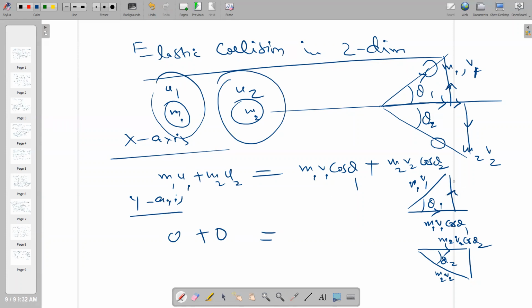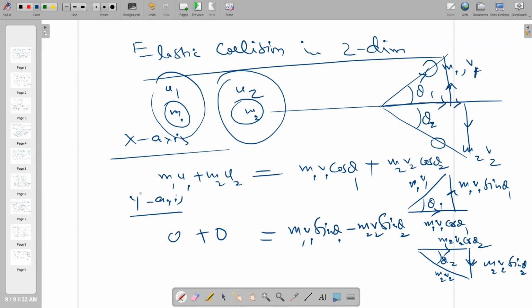It will be m1 v1 sine of θ1, and this is the upward direction, and this direction is downward, m2 v2 sine of θ2. So we can write m1 v1 sine of θ1 minus m2 v2 sine of θ2. So this is our second equation, momentum along the y-axis.